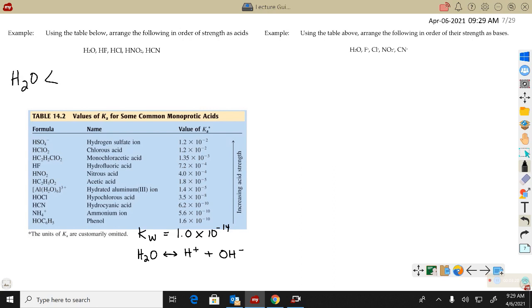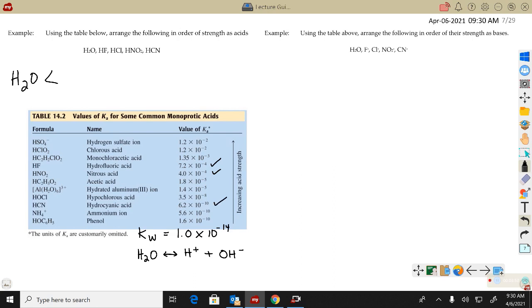Could it act like an acid? Well, kind of. It can produce hydrogen, but not very much. Kw is 10 to the negative 14th, tiny. All right, now I have HF. That guy's kind of in the middle. HCl, I don't see on here. We'll have to deal with that guy. HNO2, there he is, and HCN. There we go.